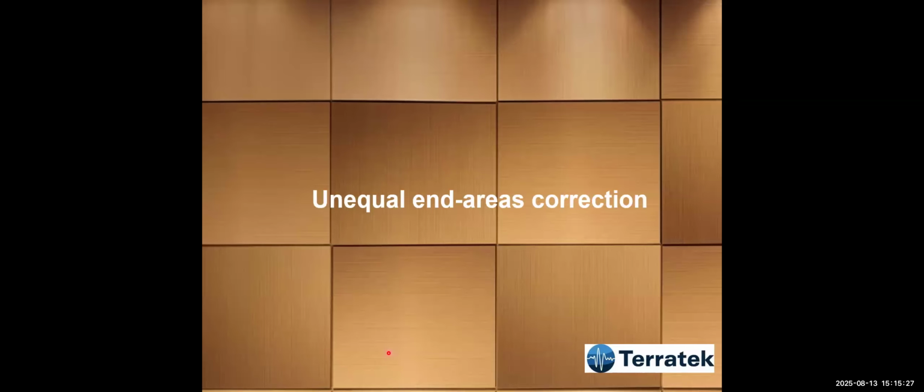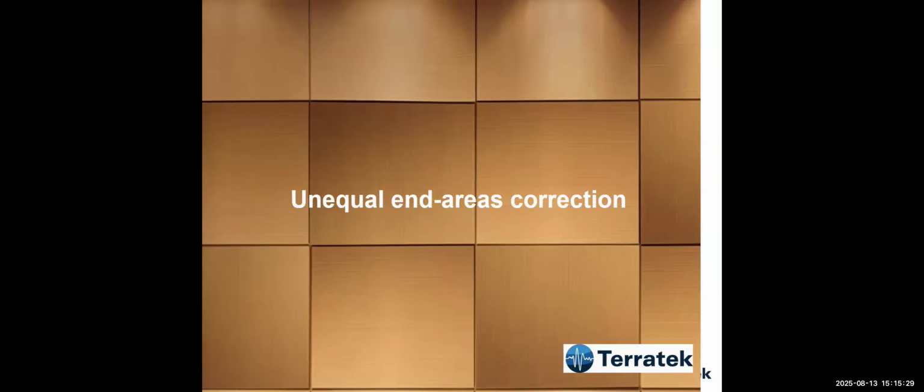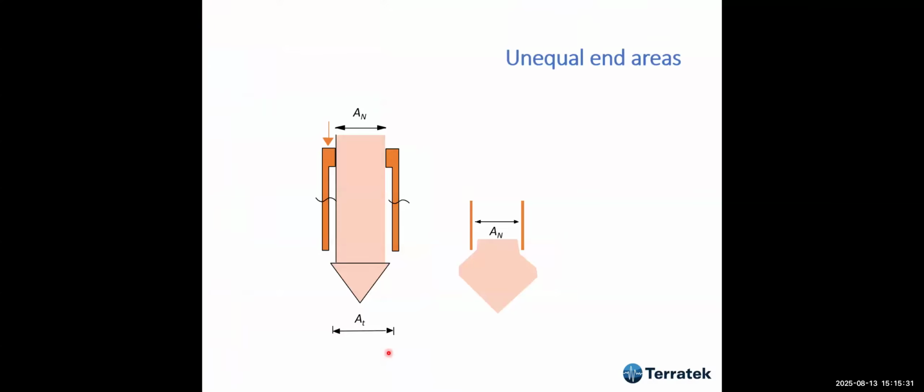Professor Campanella, the late professor of UBC, devised this and published it, I think in 1988, something like that. He found out that the cones have different, unequal end areas like this: AN here and AT here at the tip.